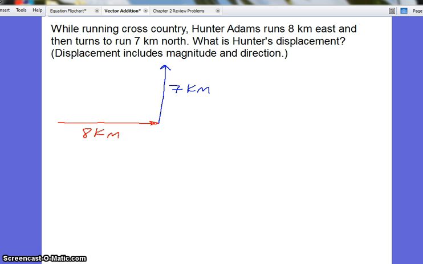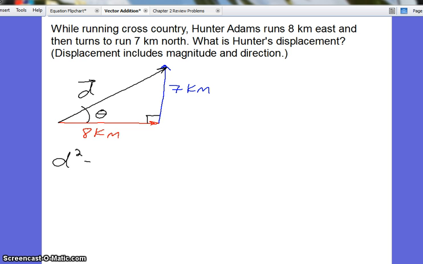Now, our displacement vector is from the tail of the first vector to the tip of the second vector. So that is our displacement vector, our size, and our direction. Because they're at right angles, we can use the Pythagorean theorem to get our d, which is our hypotenuse. So we'll write that out here.